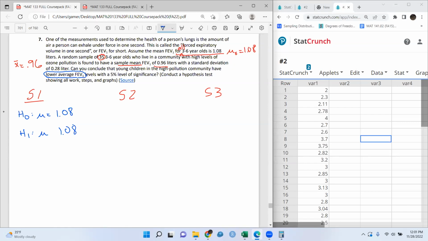I'm going to the can-you-conclude part where the claim comes in, and it says lower average. So I want a less than symbol here. I'll also write down step 2. Did everyone agree that this is 0.05? And I'll at least write down the formula. Yes, and yes, on step 3.